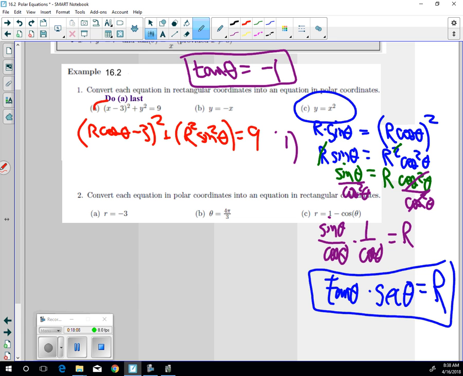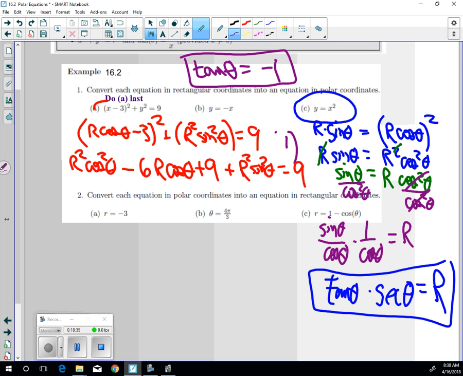Okay, so this is going to be r squared cosine squared theta minus 3r minus another 3r will be 6r cosine theta. Oh, this looks bad. Plus 9 plus r squared sine squared theta equals 9. Uh-oh.